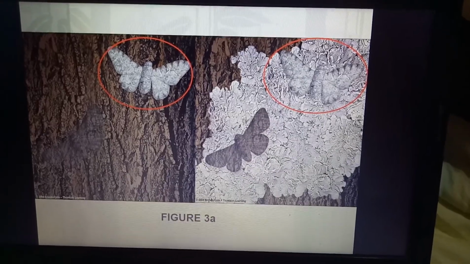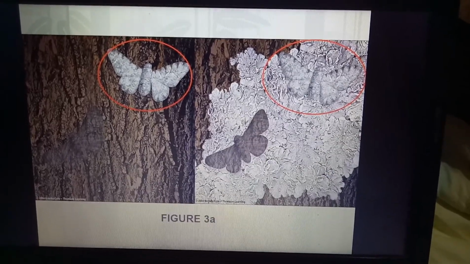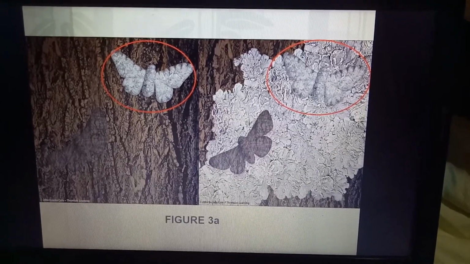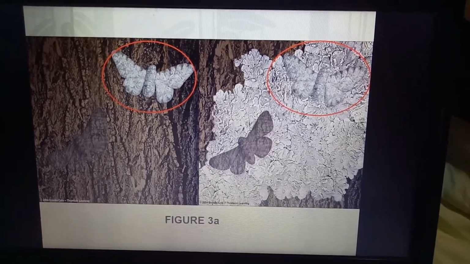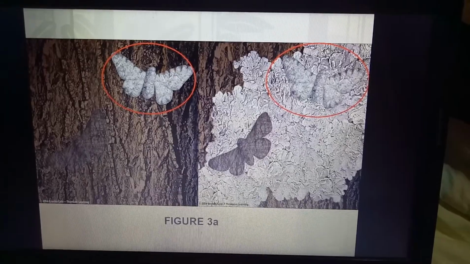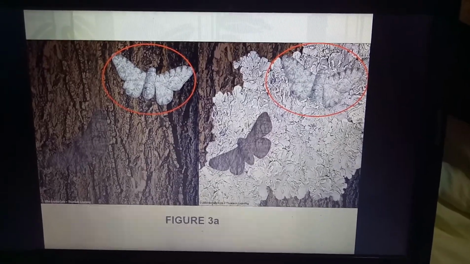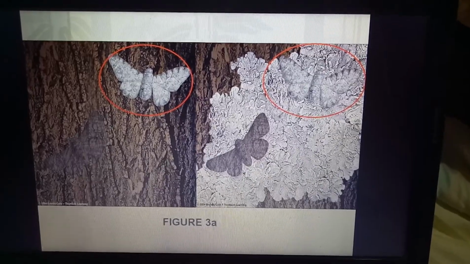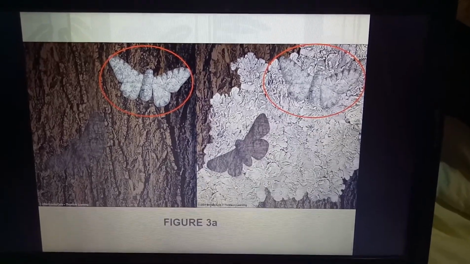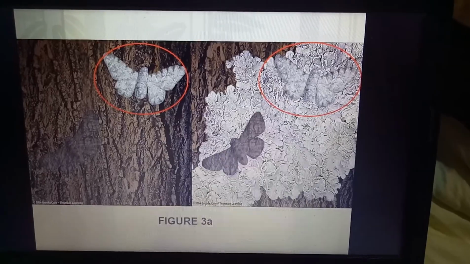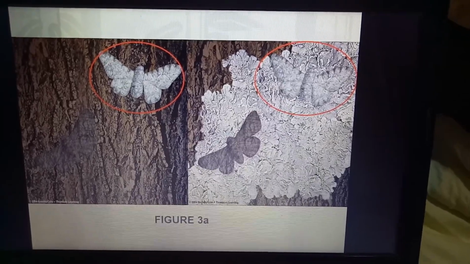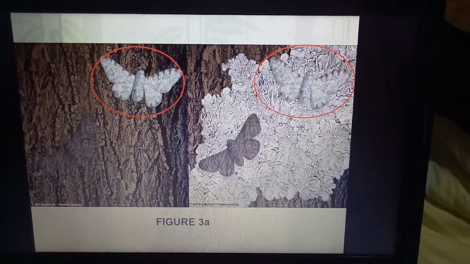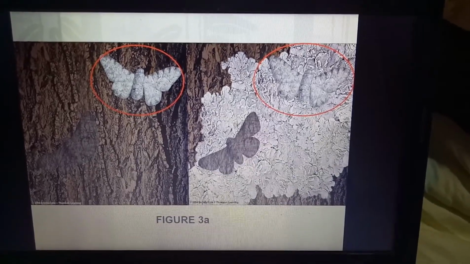Okay, after the pollution, the white color moth is in danger because it can easily be seen by the predator and killed by the predator compared to the brown color one. So this is what happened before pollution and after pollution, and how the moth can adapt and hide themselves before the pollution and after the pollution.